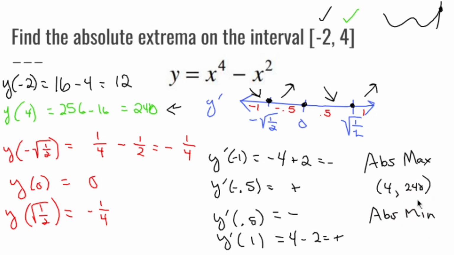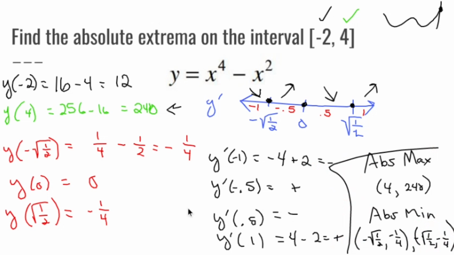My absolute minimums are the points negative square root of a half, negative 1/4, and positive square root of a half, negative 1/4. Whew, gross. Didn't like it. But it's done, and it's done correct and well.